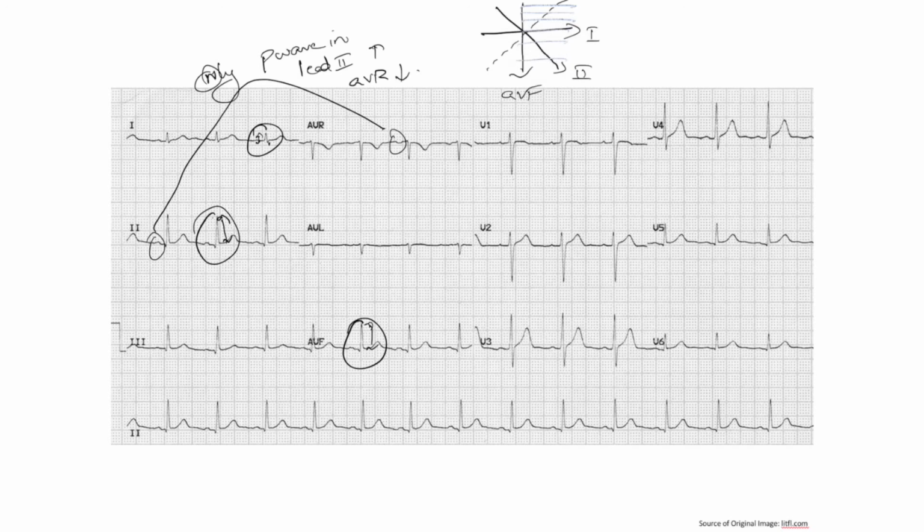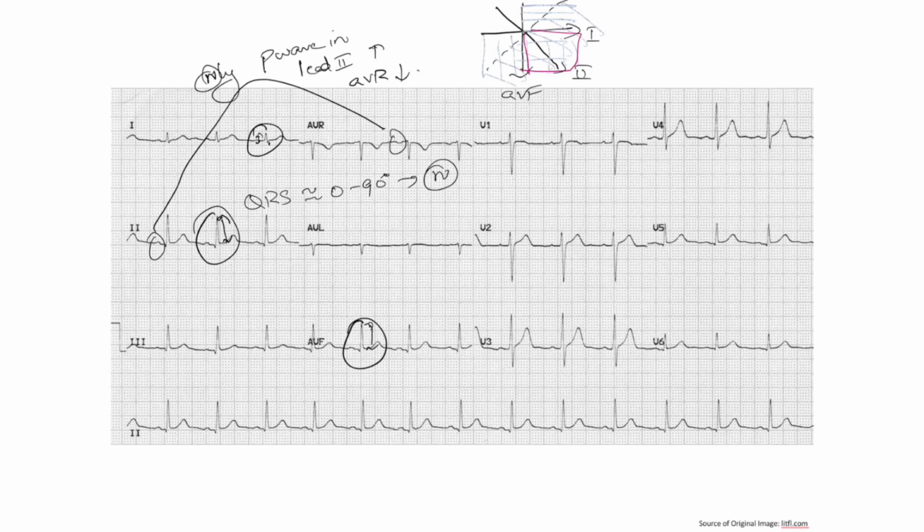We also said 2 is positive, so the axis is somewhere here. And we said AVF is positive, so the axis is somewhere here. So the area of overlap in this specific scenario is right here. So in this person, the QRS axis is between 0 and 90 degrees, and this would be normal.